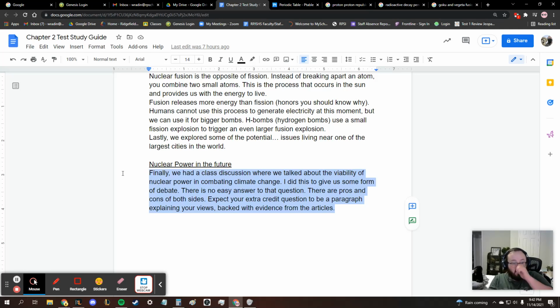This topic, however, the viability of nuclear power in combating climate change, is a legitimate both-sides, good pros and cons topic. And I'm saying that as somebody that is very opinionated on certain topics. I truly believe that there's no correct answer to this question, or at least it's not simple. It is very complicated. There are multiple factors, much more than we're even going to discuss in a single class.